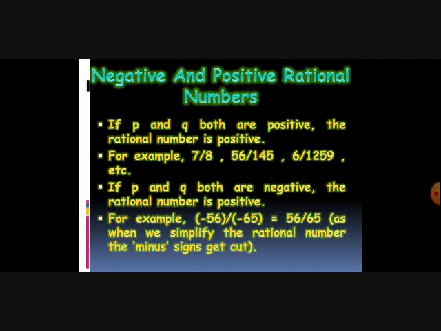The negative sign gets cancelled and the rational number becomes positive. For example, minus 56 by minus 65, here the minus sign gets cancelled and it will become 56 by 65, which is a rational number.